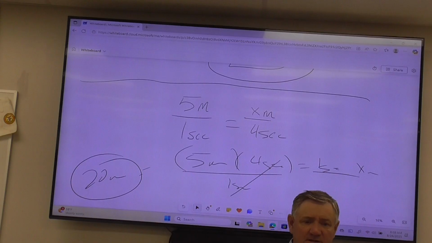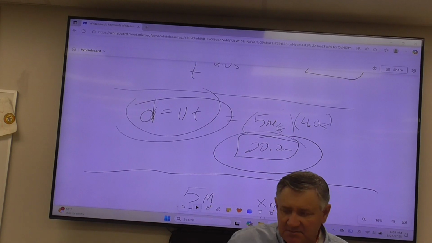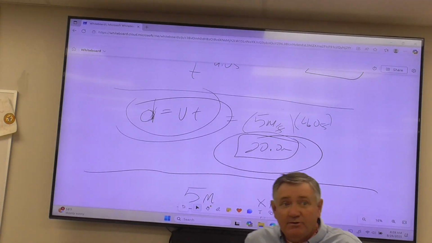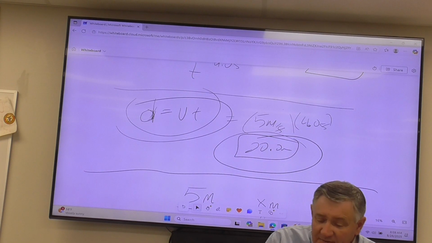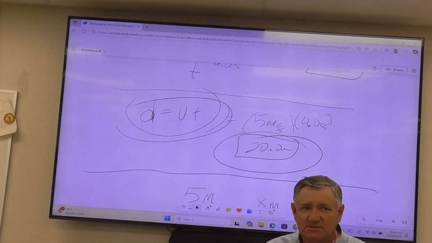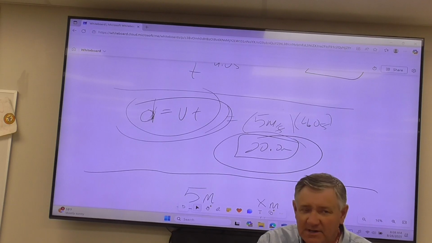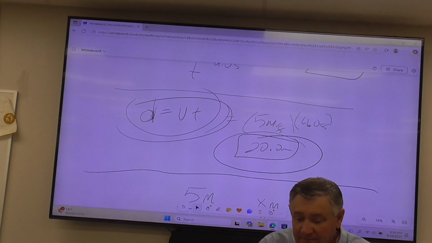So when you have a simple equation where you have distance equals velocity times time, there's one huge caveat, and listen to me very carefully. It's a great equation, it's wonderful, but it's a one-trick pony.